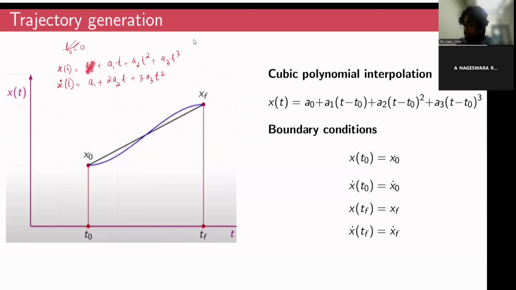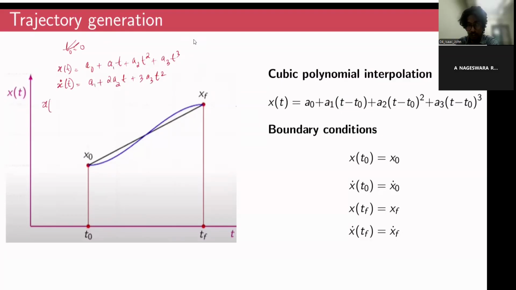You will be able to find these coefficients using the boundary conditions given to you in the form of initial position, initial velocity, final position, and final velocity.